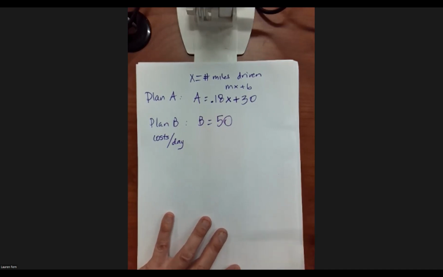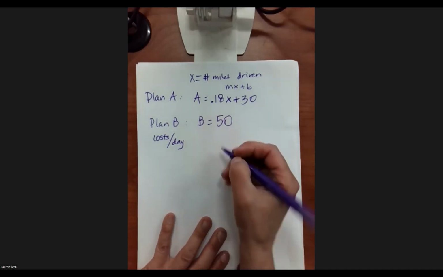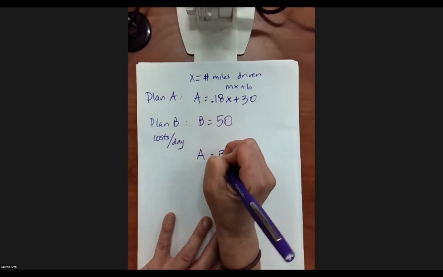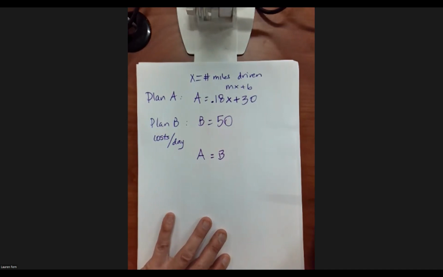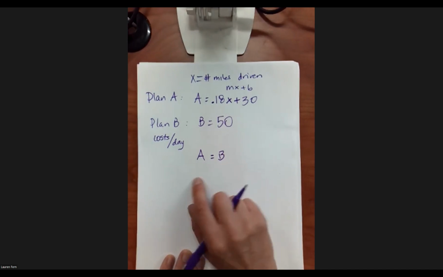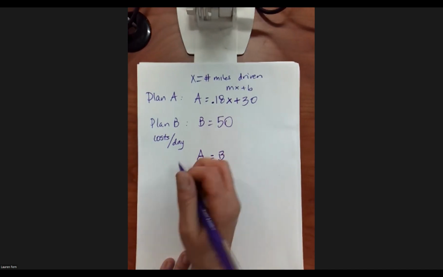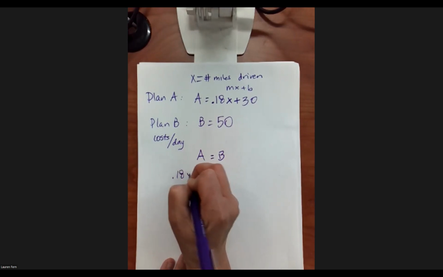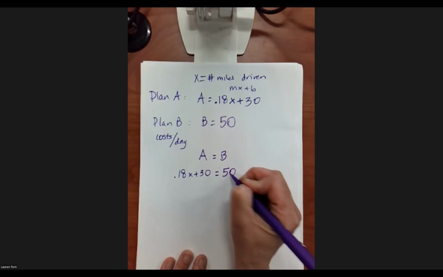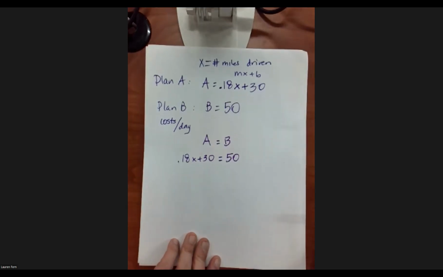So one way we could do it is we could find where plan A is equal to plan B. And then anything beyond that wouldn't be cheaper. Okay, well, plan A, the cost per day is 0.18x plus 30. And we want to know, when would that be about the same as plan B, which is 50? Can we solve this?